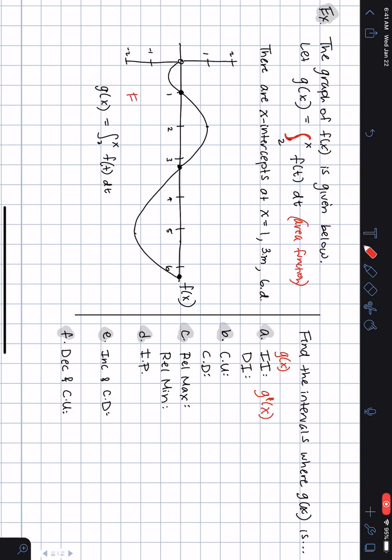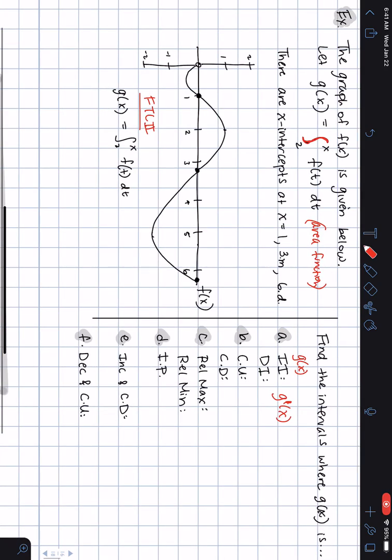So we're going to show some work down below of our FTC II. And just immediately, let's be smart and do the work up front. The derivative of g is, let's use FTC II. We're going to plug in x first everywhere we see a t, times 1.